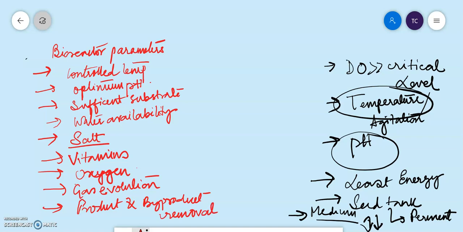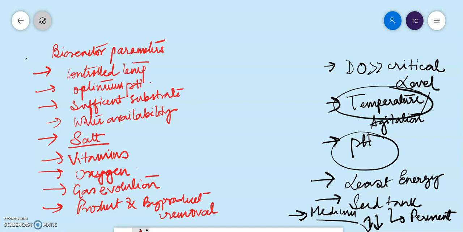The main goal of our fermentation technique is to do efficient fermentation in a very short period of time and get the product at an optimum in that short period, which will enhance the economic benefit of the industry. For that we need to understand the design of the bioreactor and keep some parameters in mind while designing it.